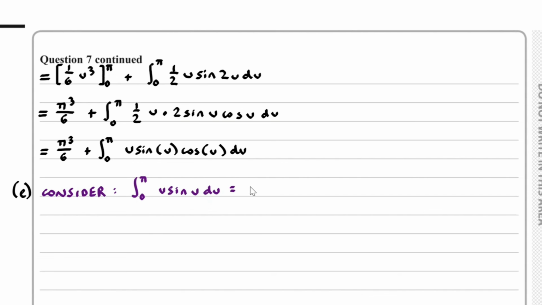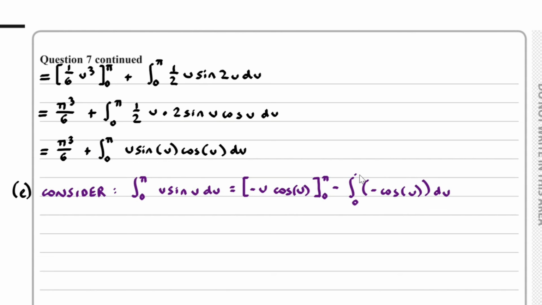So I've got u multiplied by the derivative of sine, rather the integral of sine, which is minus cos, in between 0 and pi, and then I subtract the integral of sine, which is minus cos. So that will give us minus cos u, and then I multiply that by the derivative of u, which is just 1.